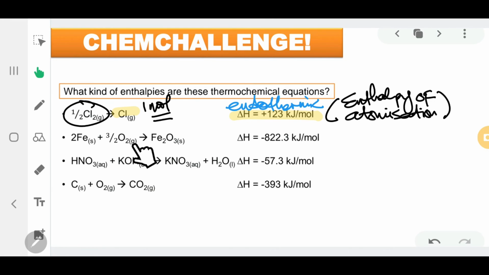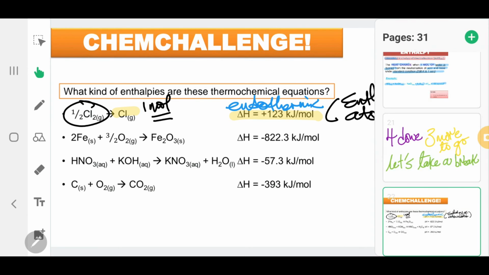What about the one that we have over here? If you think this is going to be combustion, you are incorrect. Why? Because based on the definition of combustion, the one that you want to burn needs to be 1 mole.